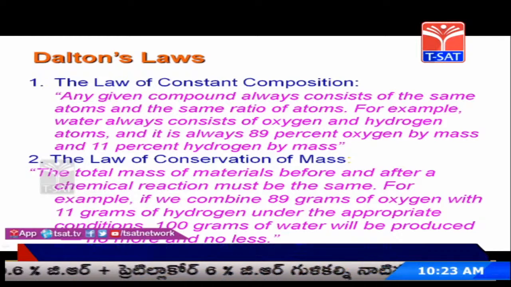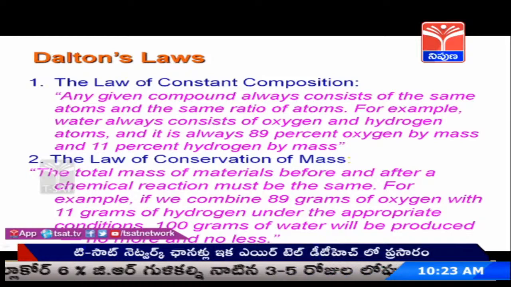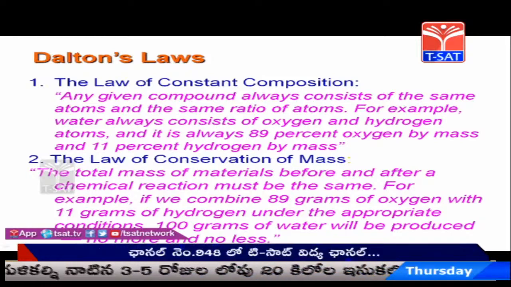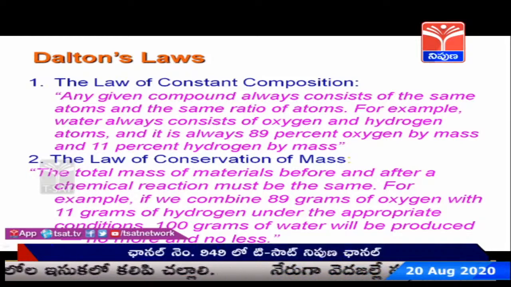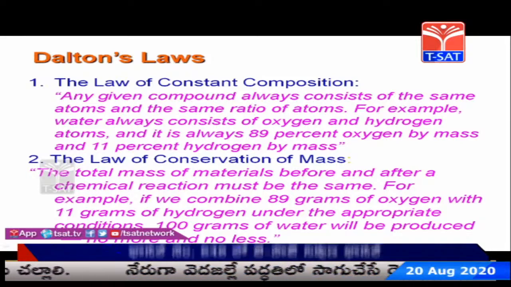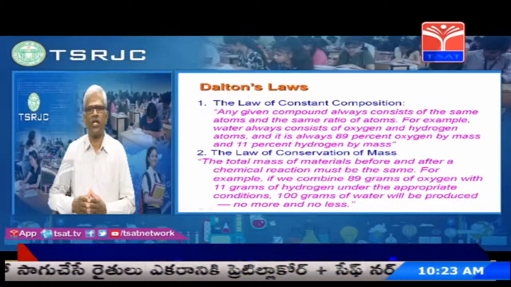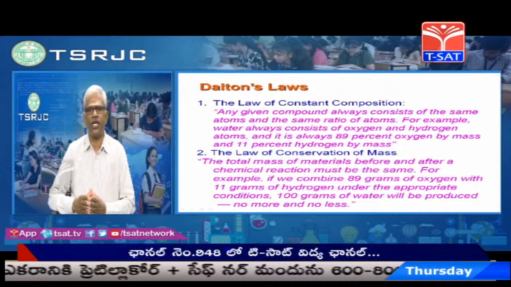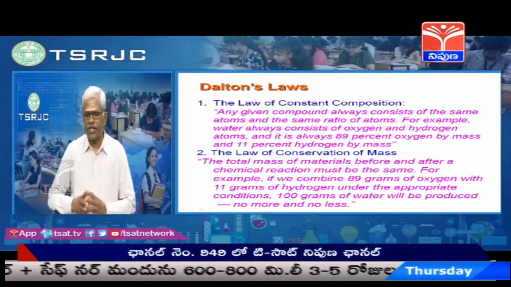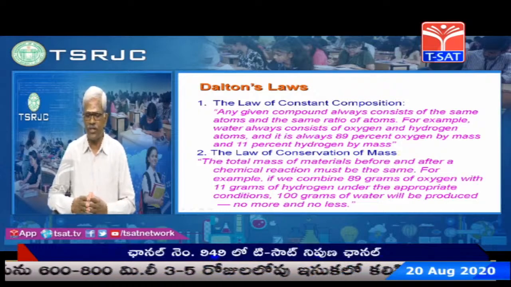When you measure the mass of hydrogen and the mass of oxygen in water, the ratio of oxygen and hydrogen in water molecules, or water substance, is 89:11.